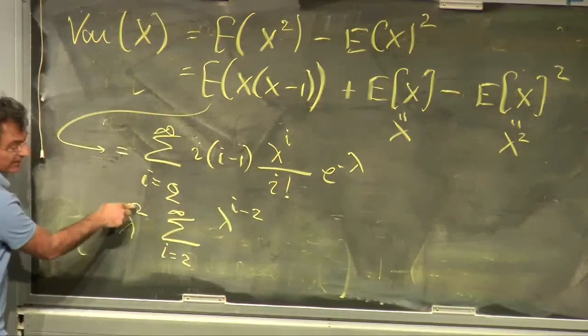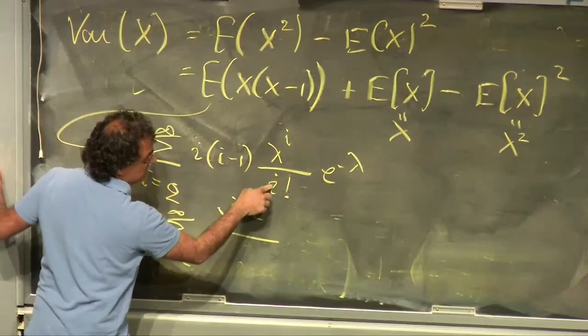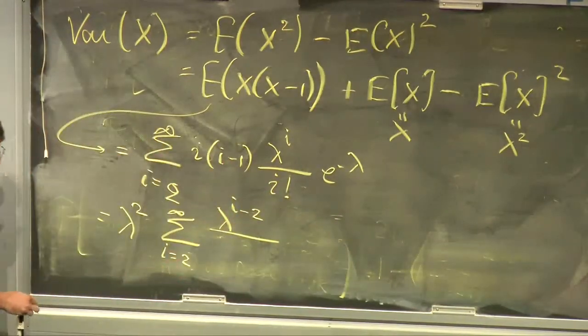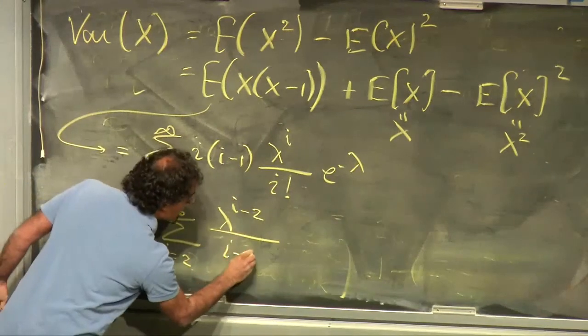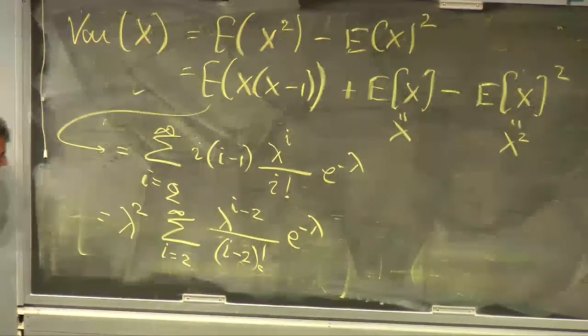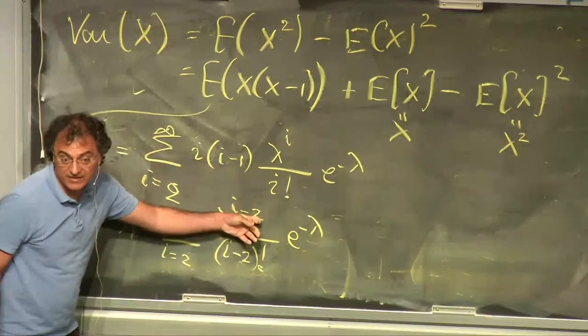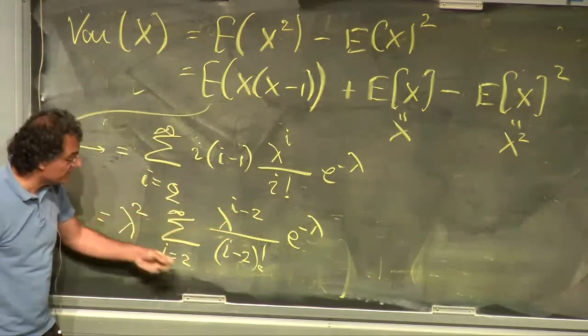Because we pulled out lambda squared. i times i minus 1 cancels with i times i minus 1 here. And we are left with i minus 2 factorial e to the minus lambda. And now we again substitute i minus 2 equal to j. So now j goes from 0 to infinity.